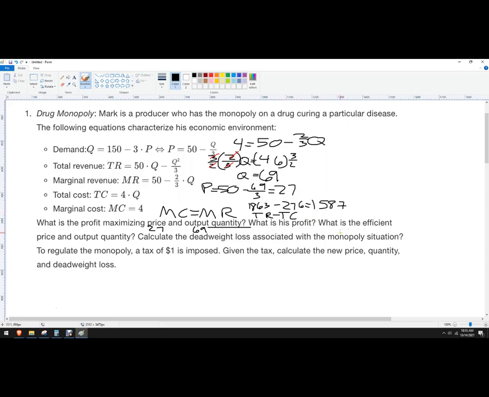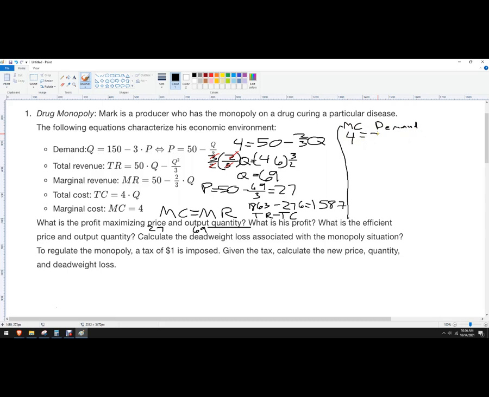What is the efficient price? The efficient price is going to be the supply and demand price that we're kind of used to. For that one, we're just going to set marginal cost equal to our demand function. So this is going to be 4, which is the marginal cost, equals the inverse demand function.